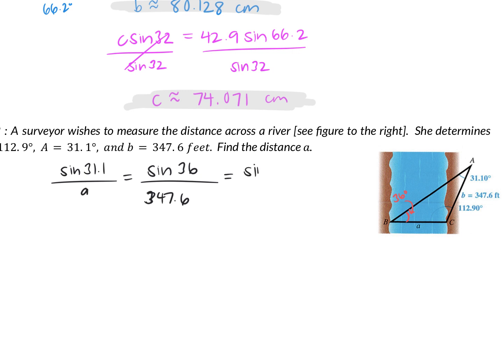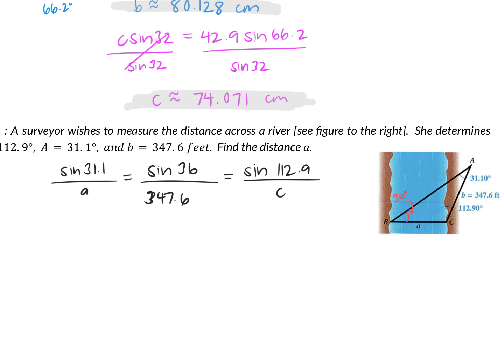And that equals sine of big C here, which is 112.9, divided by side length of C. Are we okay with the setup of that proportion? Yeah? And so now if I just want to solve for A, which two fractions am I going to set equal to each other and solve?